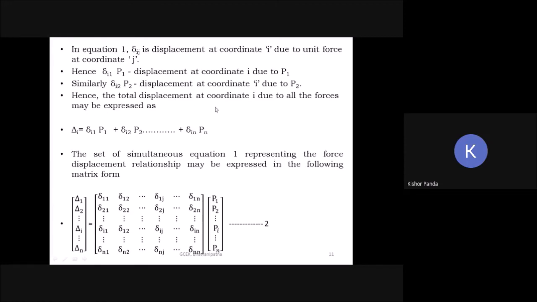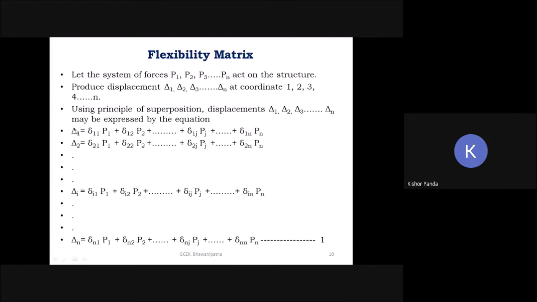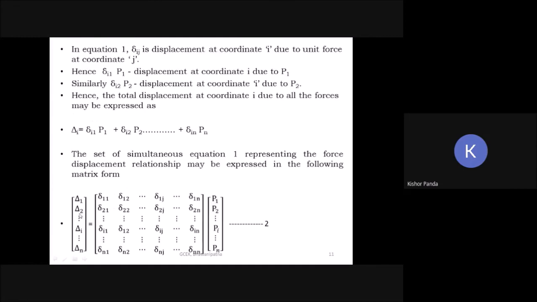Hence the total displacement at coordinate i due to all the forces may be expressed as delta i is equal to delta i1 P1 plus delta i2 P2 and so on up to delta in Pn. So this is the total. You can write this simultaneous equation, the force and displacement relationship, in matrix form. You can write delta 1, delta 2, delta 3 up to delta n.